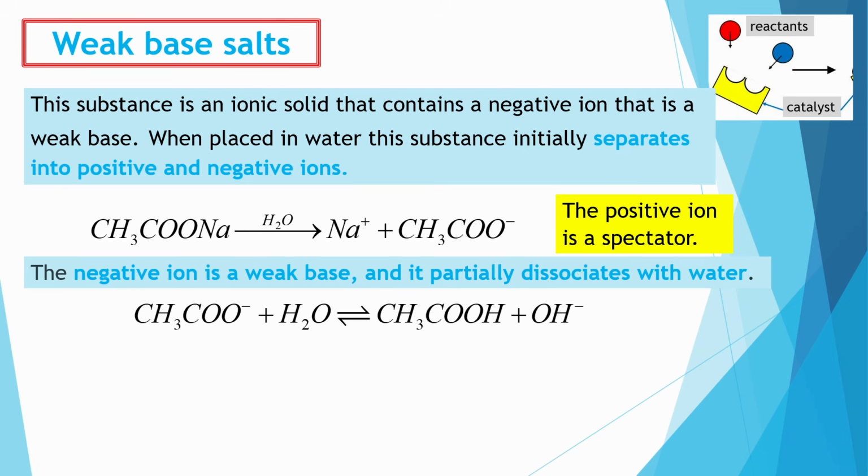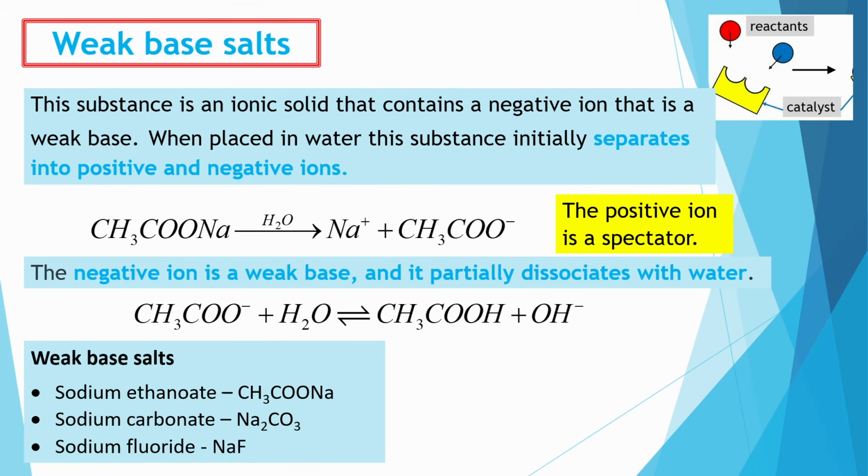If it's a weak acid salt, the positive ion is going to be a weak acid. And the next step is that the weak ion is going to partially dissociate with water. The ones that you might recognize as weak base salts are sodium ethanoate, sodium carbonate, and sodium fluoride. There might be other ones that they might tell you about, but those are usually the go-tos.